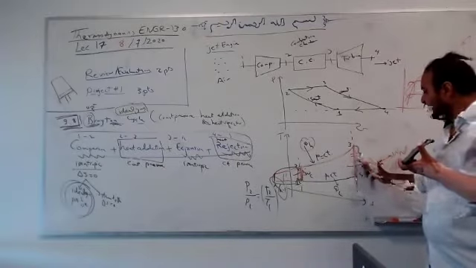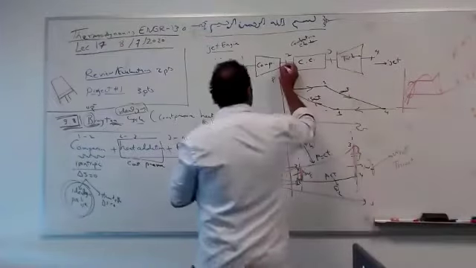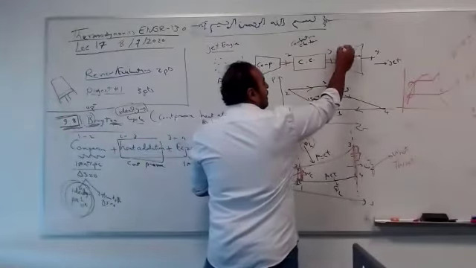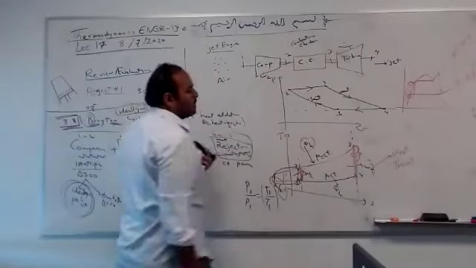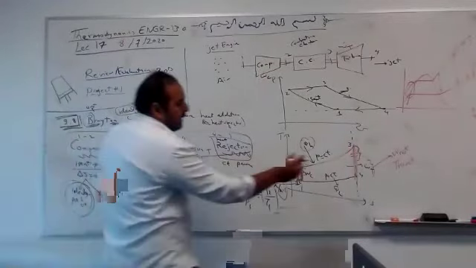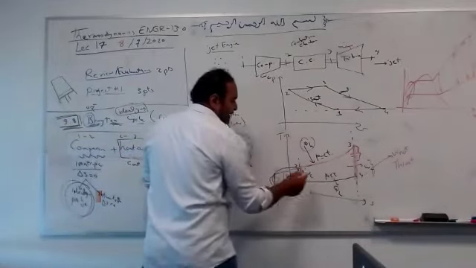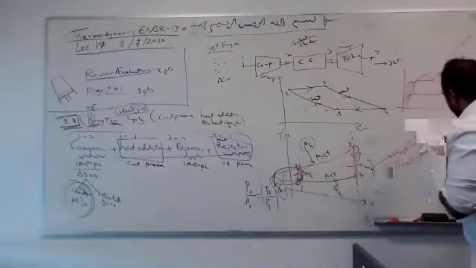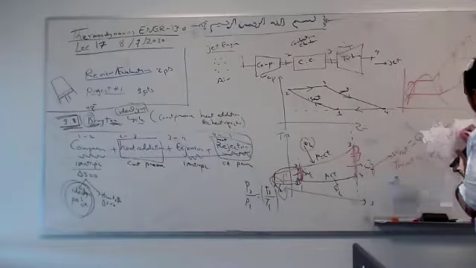Some of this work drives the compressor; usually the compressor is connected to the same shaft as the turbine. So some work of the turbine drives the compressor, and the rest is called W net. So W net is either Q high minus Q low or W turbine minus W compressor.